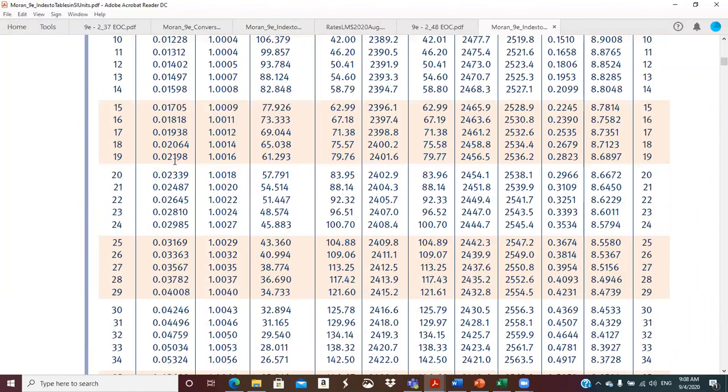So we are at a much higher pressure than the saturation pressure, so we're in the compressed liquid region.